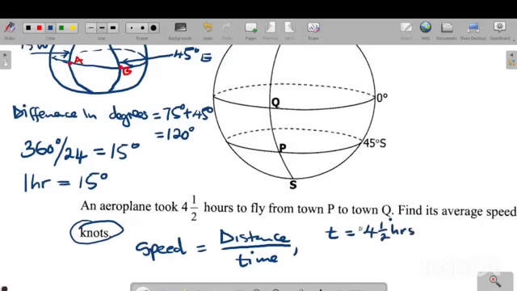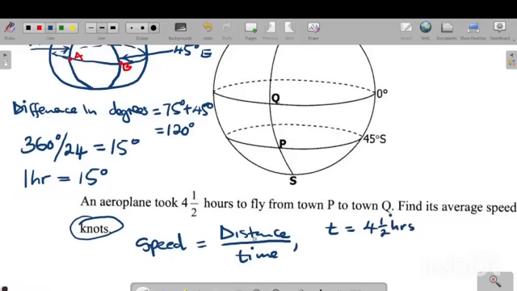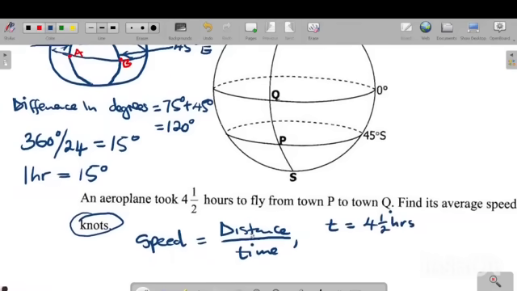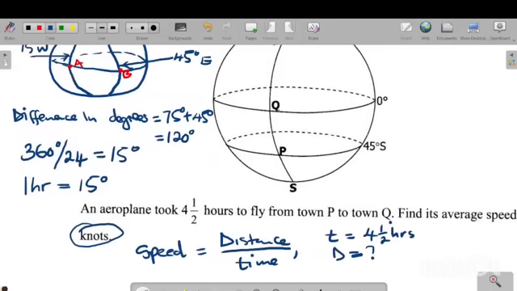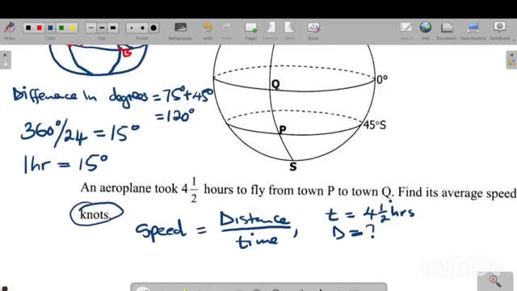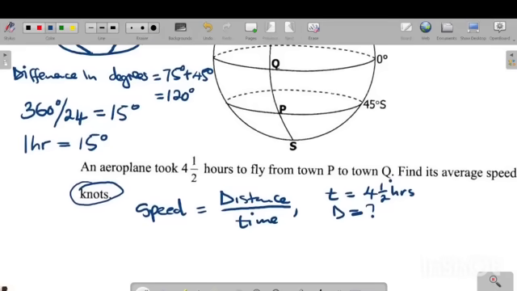Okay. What else do we need to calculate speed? We need distance. So we don't know what distance is. The distance from this point P to point Q. Now, how do we find distance?